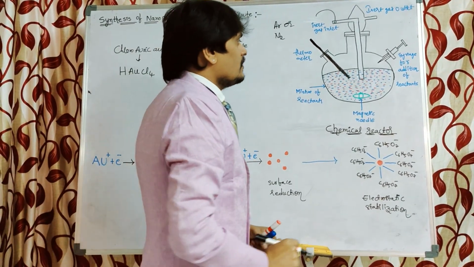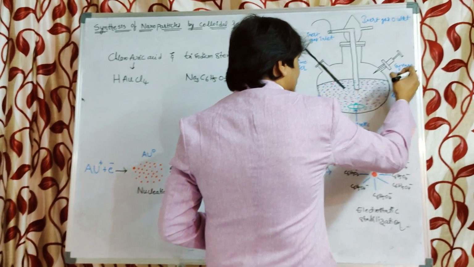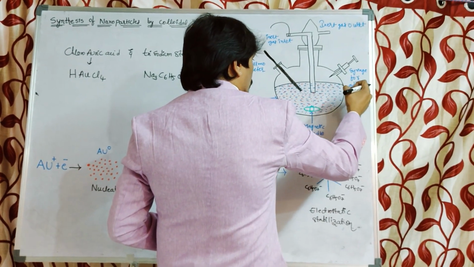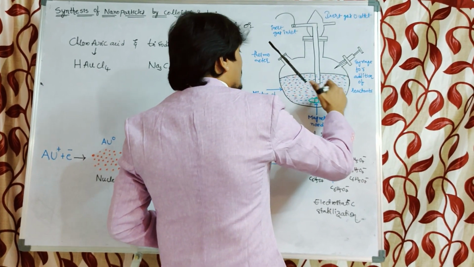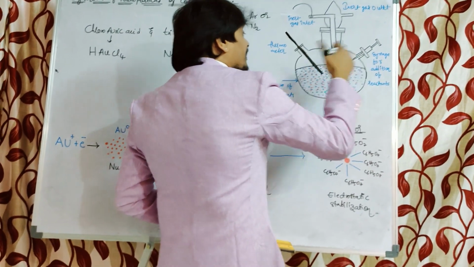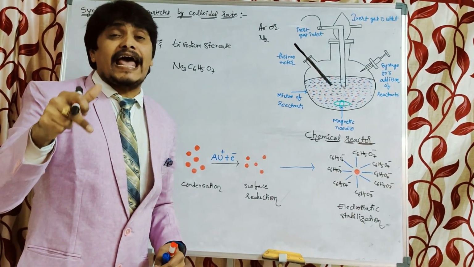Now, whenever we inject these two reactants, chloroauric acid and sodium stearate, inside the chemical reactor in which water is present, what is the role of the water? The water acts as a catalyst.